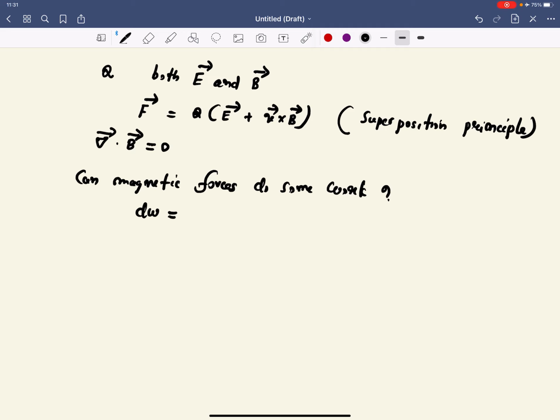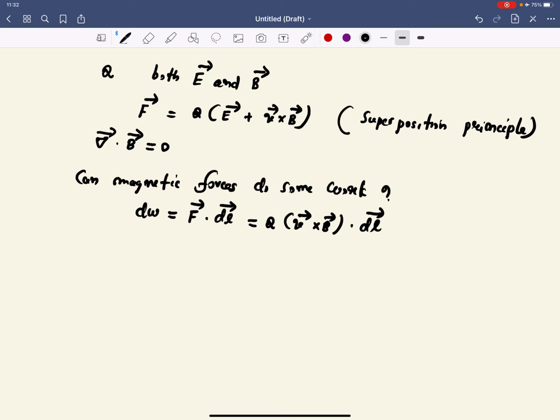The small elemental work done, dW, is equal to the dot product of force and the elemental displacement vector. We substitute the force due to the magnetic field, which is Q into V cross B, dot dl, the displacement vector.